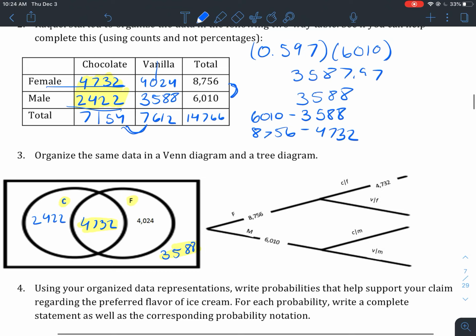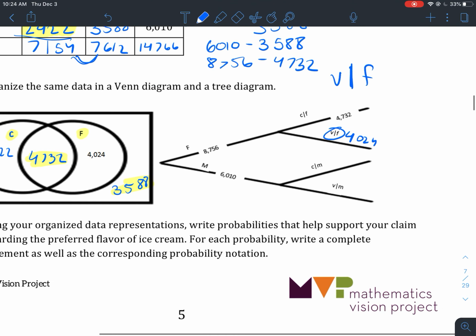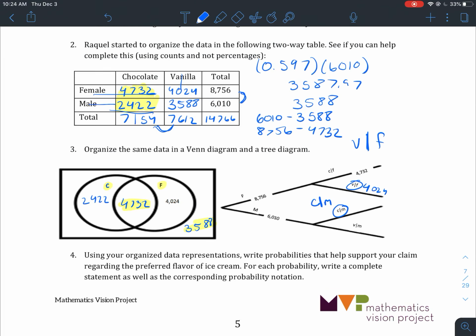That's going to be 4,024. That's what that bar means, right? They chose vanilla given that they're female. Then down here, they chose chocolate given that they're male. So how many people were male and chose chocolate? That's going to be 2,422.